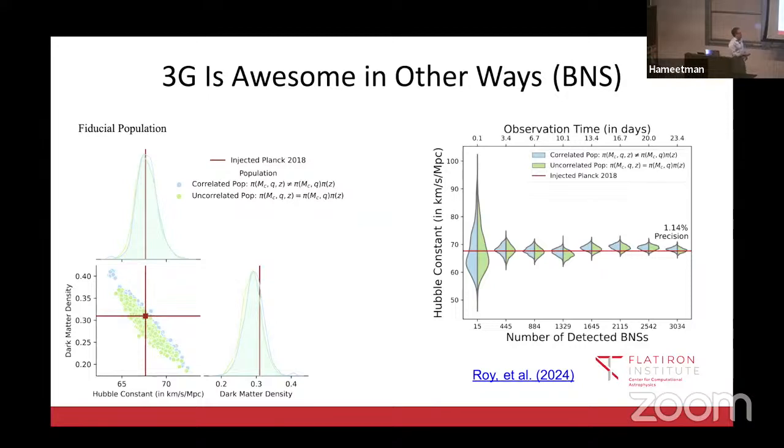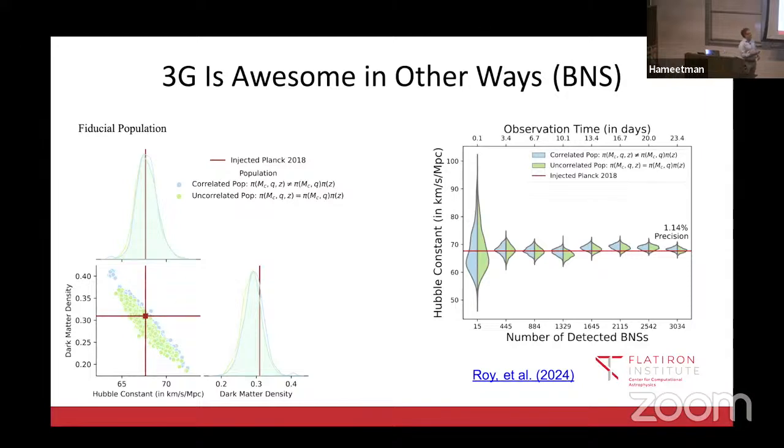So this paper by my graduate student, Shimendra Roy, and a postdoc at CCA, Lika Van Son, looks at our best guess for the population of neutron stars from various population synthesis models and asks, what would happen if you simply ignored redshift evolution and fit the mass function with a distribution that was just constant in cosmic time?